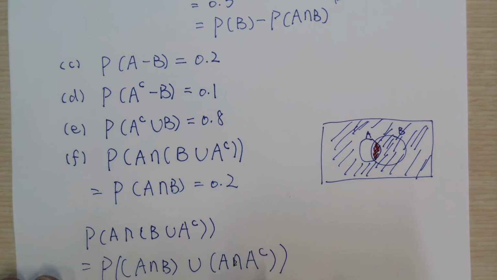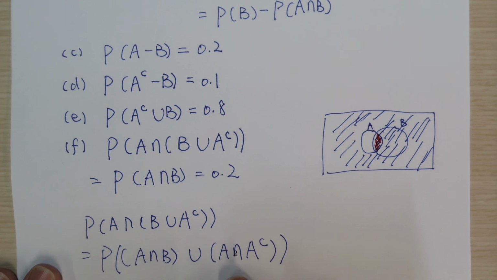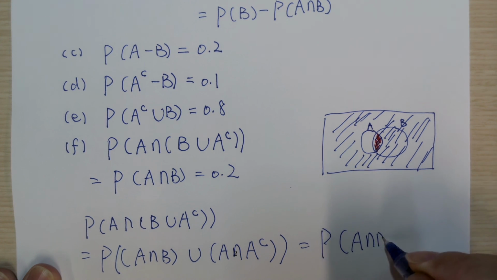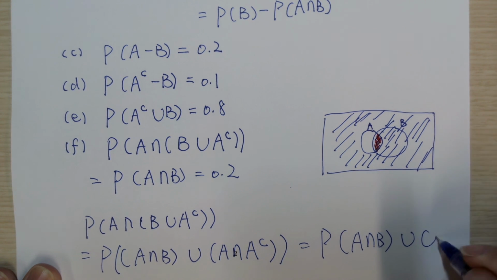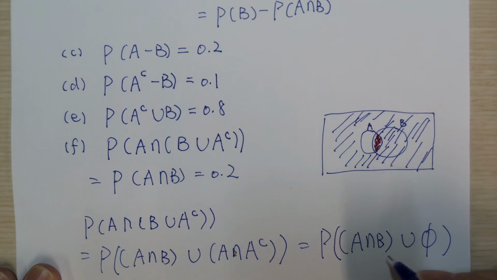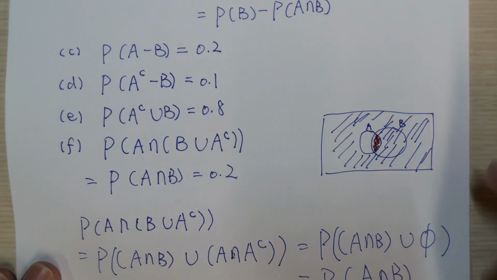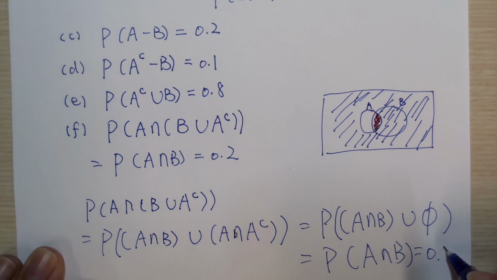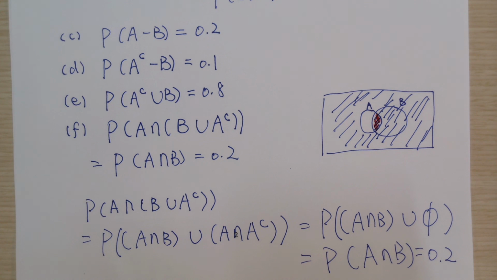But what is A intersect A complement? Don't you agree this is the empty set? So it gives us P(A intersect B) union the empty set, which still equals P(A intersect B), equal to 0.2.